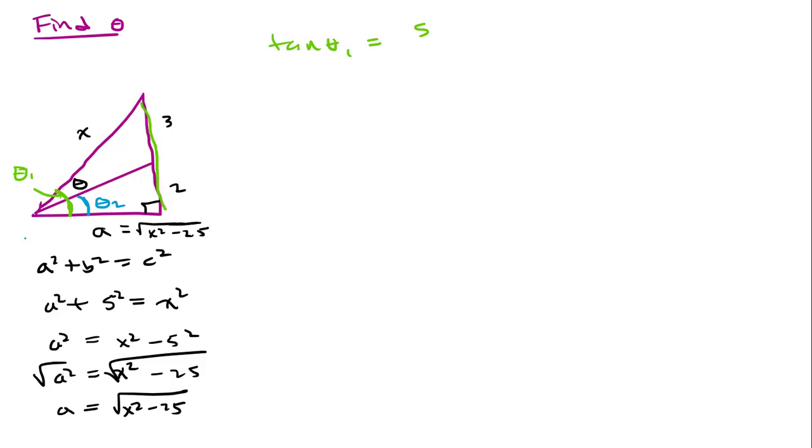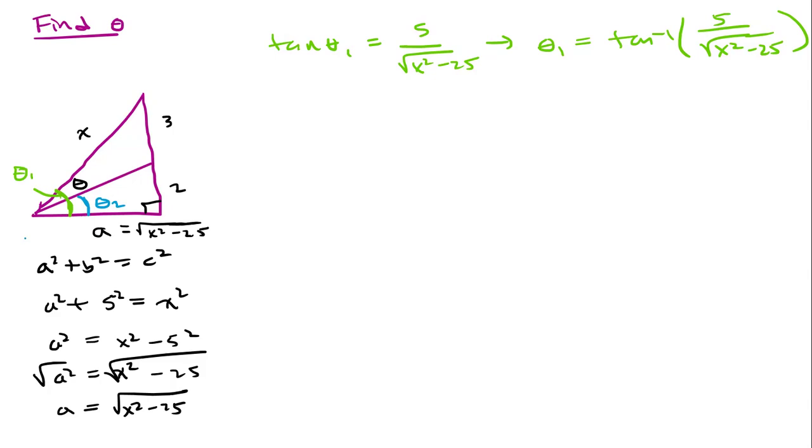So 5 over adjacent, which is going to be the square root of x squared minus 25. Okay. If we were to solve for theta 1, that's just going to give us theta 1 is equal to the inverse tangent of 5 over the square root of x squared minus 25.